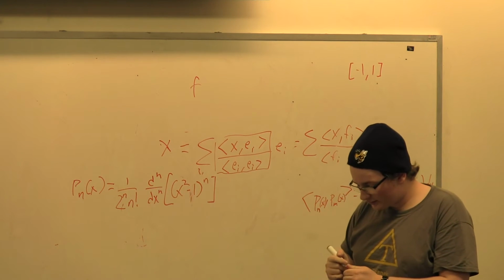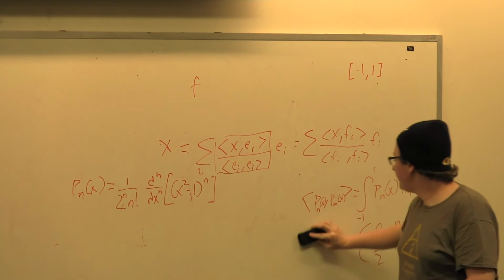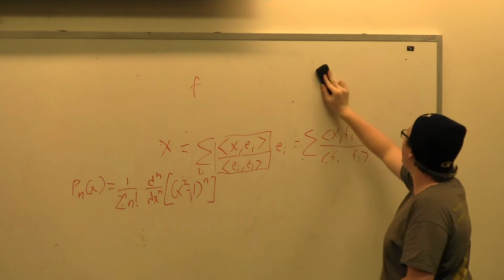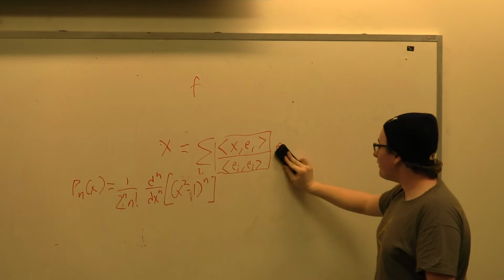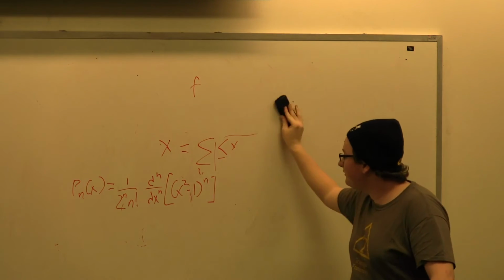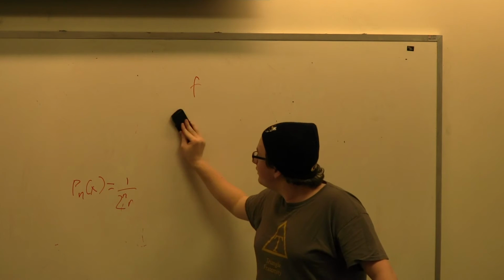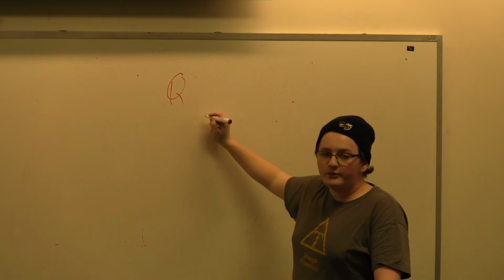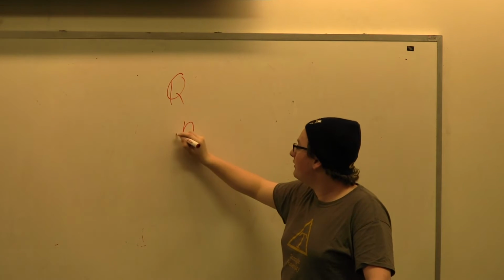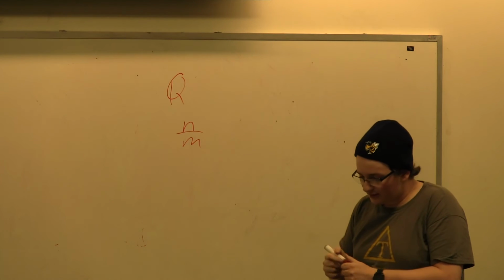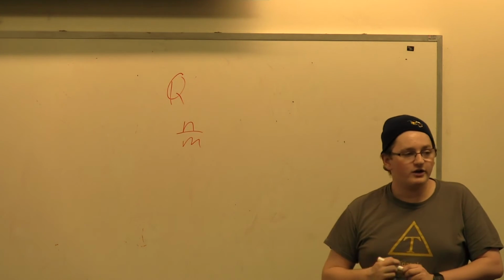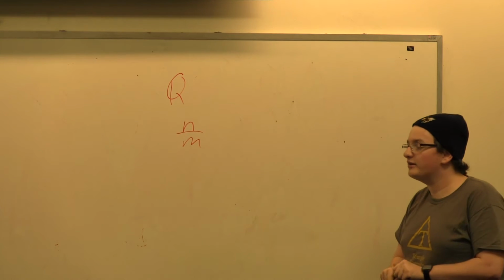So the final thing I'm going to talk about is something called transcendental numbers. Before I was talking about the set Q, which is the set of rational numbers. Rational numbers are any number that can be written as the ratio of two integers. Transcendental numbers are sort of like irrational numbers, except a little more complicated.